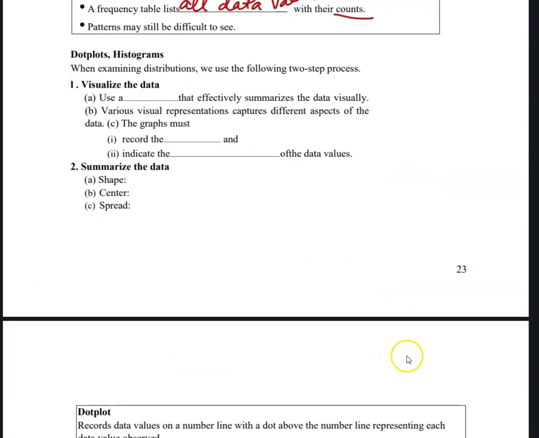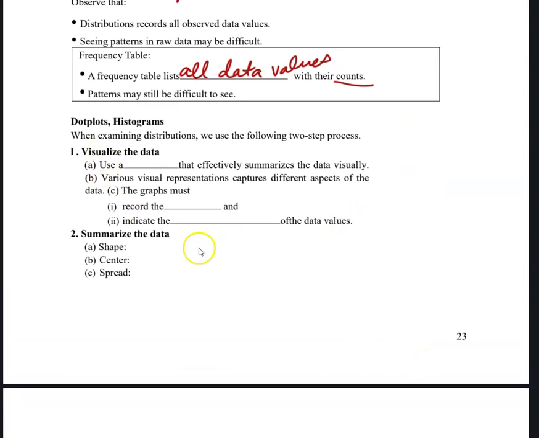So there are two main types of graphs we're going to use for numerical data in this course, dot plots and histograms. And when we're looking at data using one of these graphs, we want to follow a two-step process. First, we want to visualize the data.